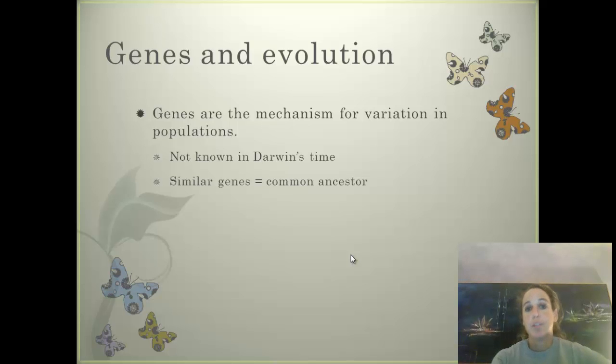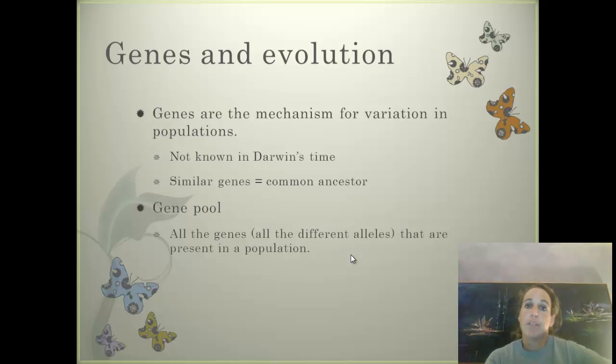So if we have similar genes, then we have a common ancestor. And you can pretty much just go ahead and count the differences in nucleotide sequences, or you can count the differences in amino acids. So nucleotide sequences is for DNA, and amino acids is for protein. And so you're just comparing compounds to see what's similar and what's different.